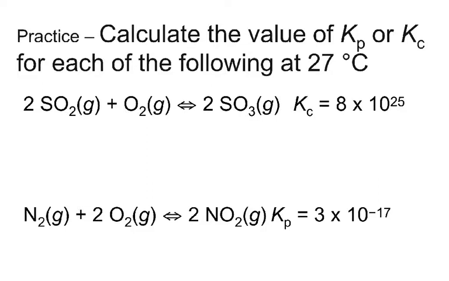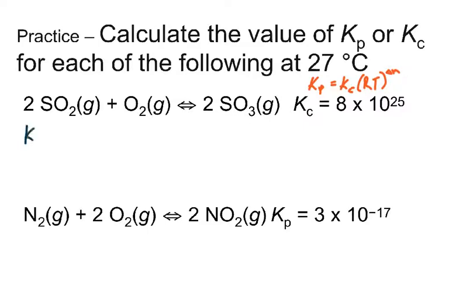So for the following, calculate Kp or Kc at 27 degrees Celsius. And remember, our Kp is equal to our Kc times RT to the delta N. So for this first reaction, we're given a Kc.